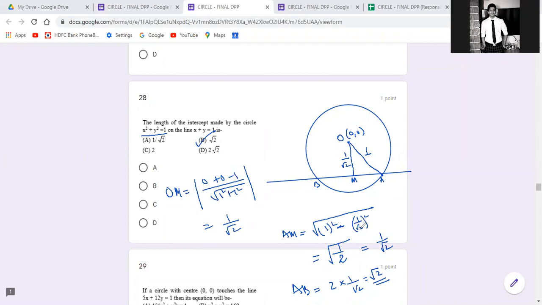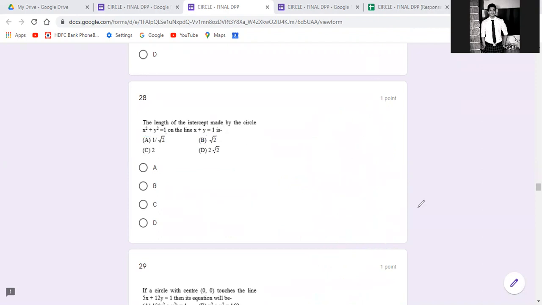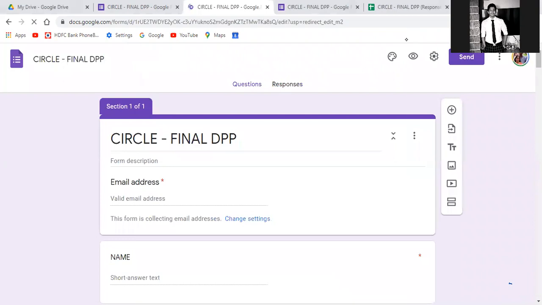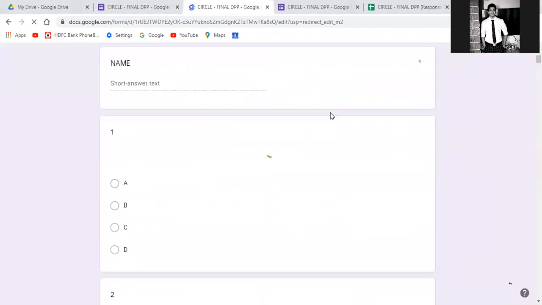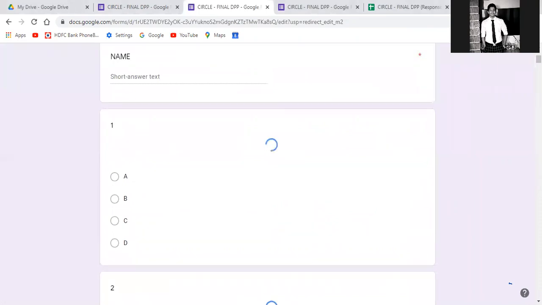Square root of 1 by 2 is 1 by root 2. 2 times that, the answer is correct, root 2. B is the answer. I'll correct it. So mark this B.